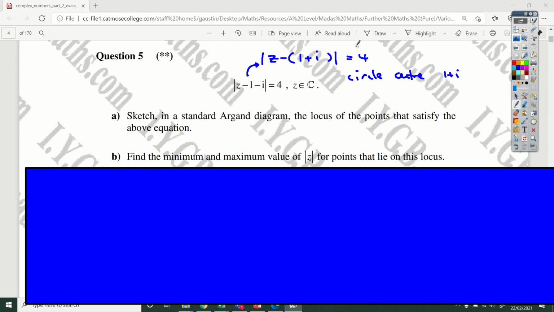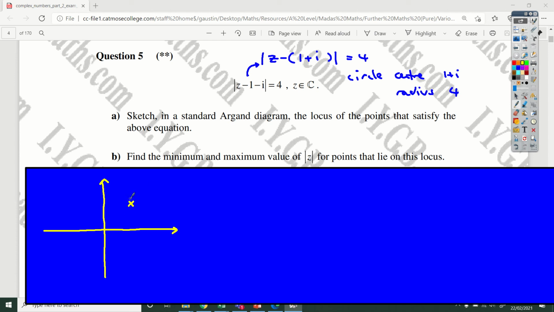Okay, don't be swayed by the fact that this is a square number. That is the radius, not the radius squared. Right, so I can plot that now, and I'm going to do it reasonably accurately and think about what's going to happen with the intersection with the axes. Okay, 1 plus i is about here.